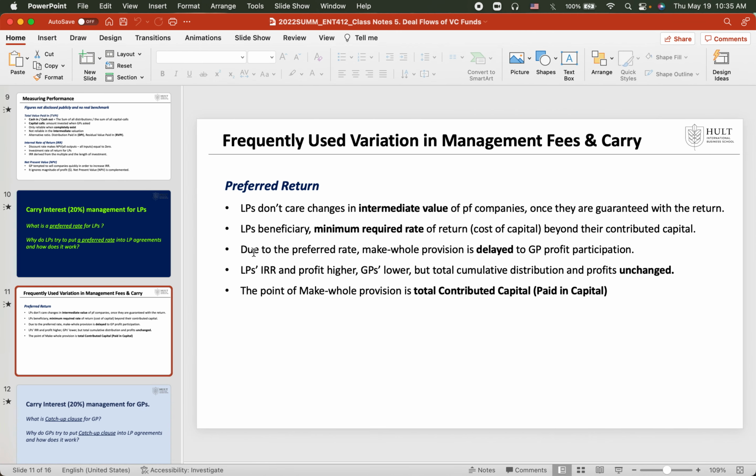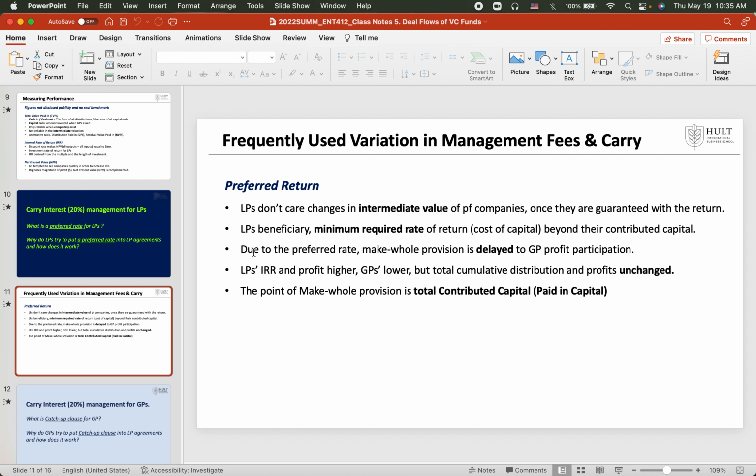So preferred return, again, as we discussed during the class, LPs don't care about changes in the intermediate value of the portfolio companies. Why? Because it depends on how the GP measures the value of the firms. It can be a DCF model or relative method, but still it is a private company.